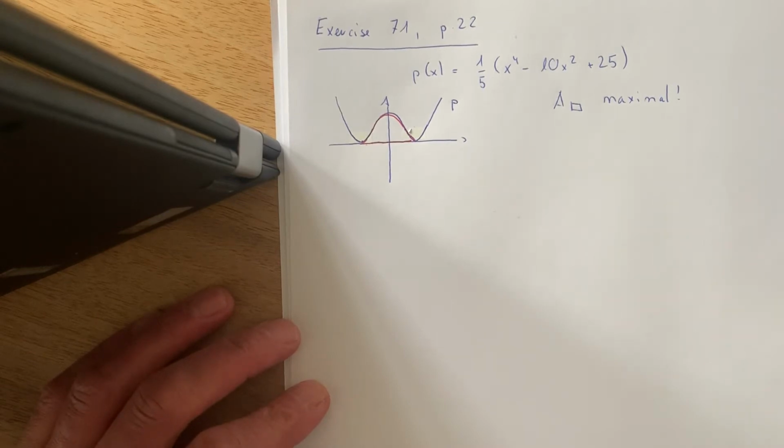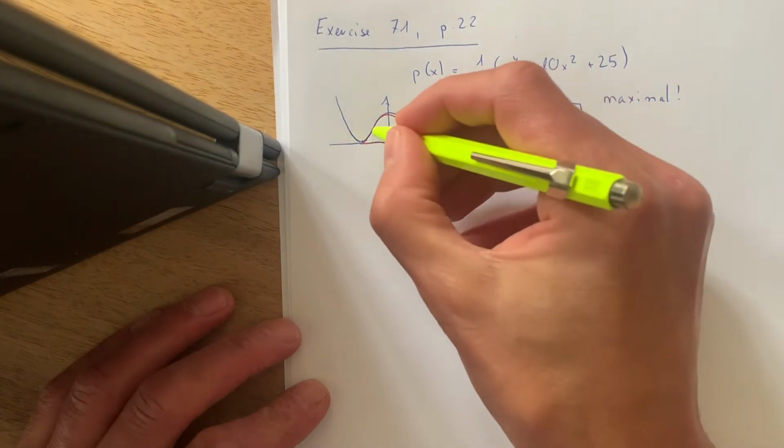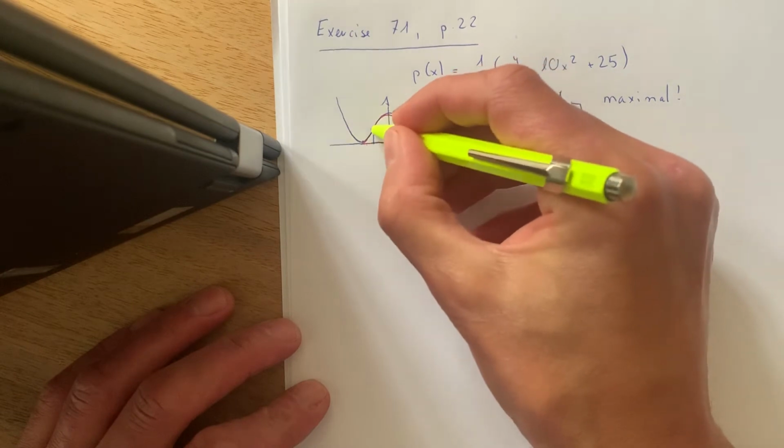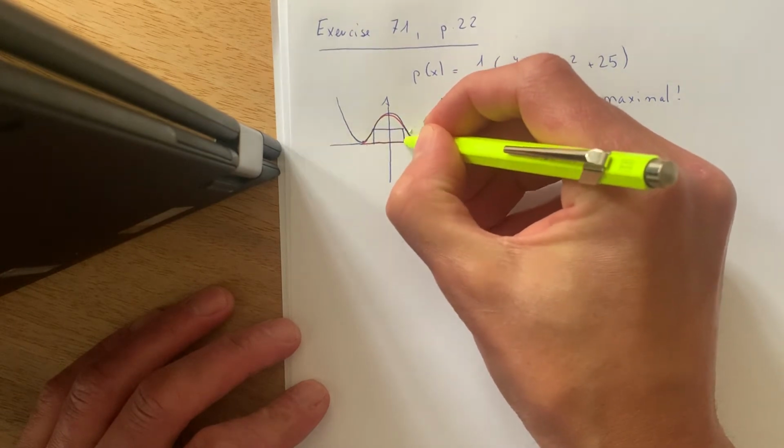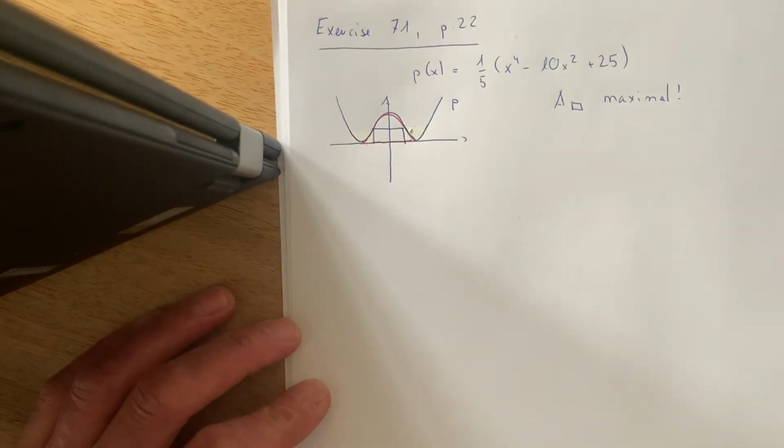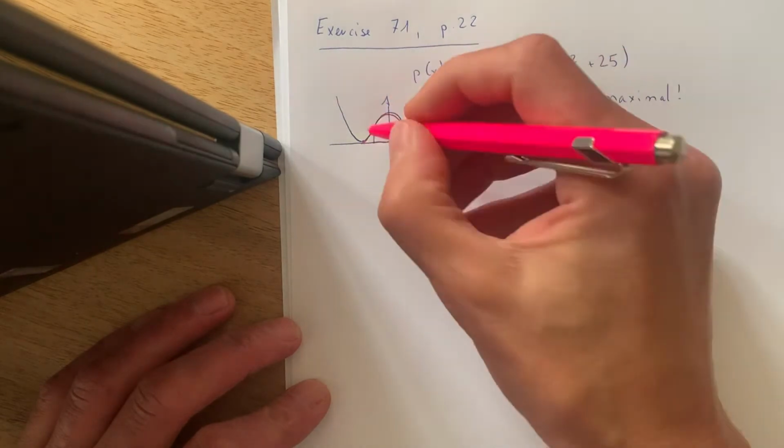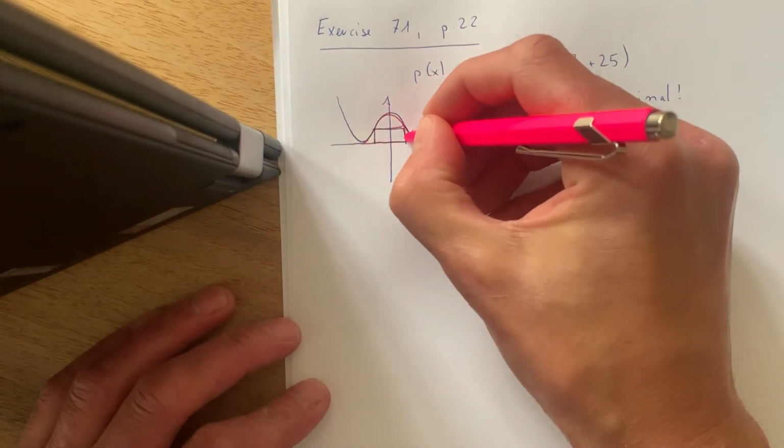Moreover, one side of that rectangle should lie on the x-axis. So this rectangle will look somehow like that. So this is the thing we are considering.